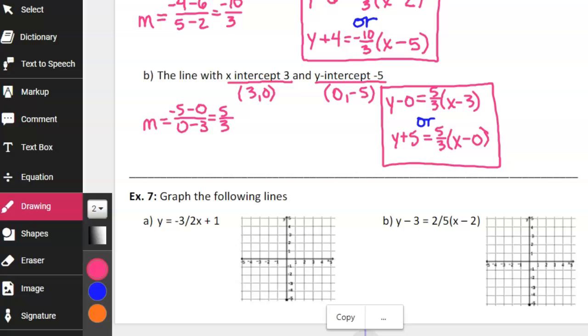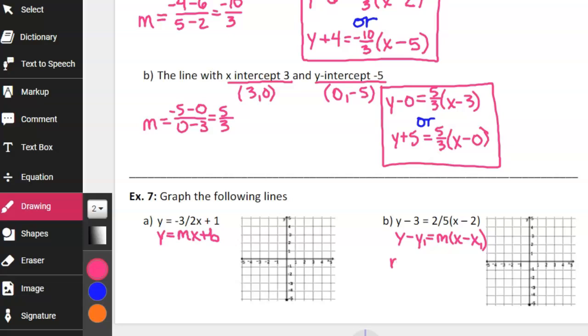Example 7 says graph the following lines. We have part A that has slope-intercept form. And we have part B that has point-slope form. So I'm going to do part B with you, and then you can do part A on your own.